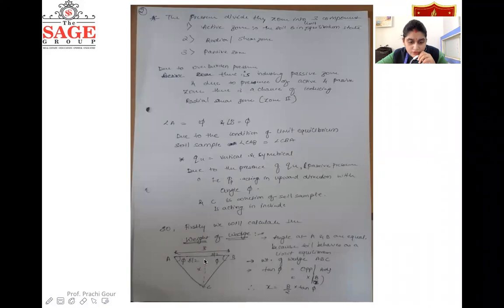Opposite is this, tan phi. So we will calculate the value of x from this particular condition, and it will become B by 2 into tan phi.